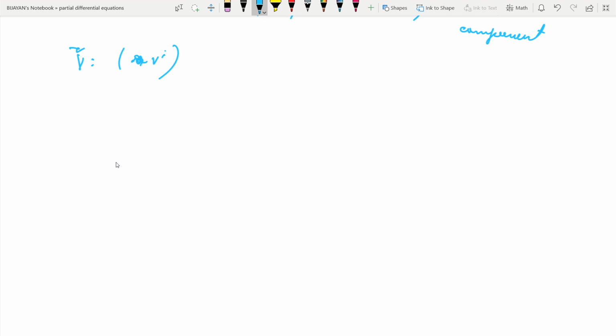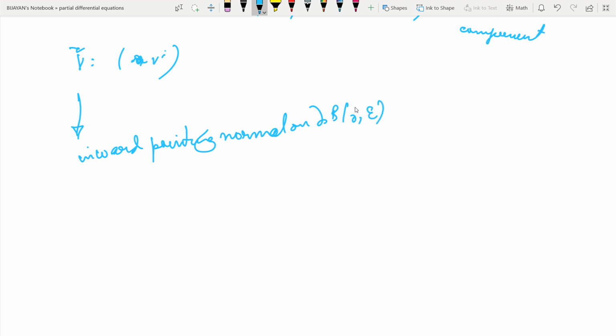Here nu denotes the inward pointing normal, over the boundary of the region U minus the ball of radius epsilon. Now, if alpha plus 1 is less than n, Du belongs to L^1(U).